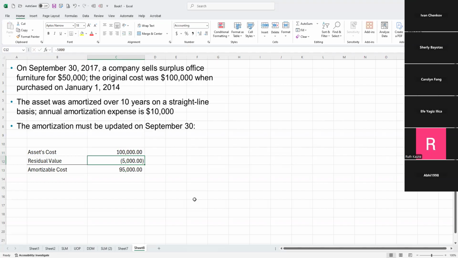Yes. Residual value: zero. How much do we need to amortize? $100,000.